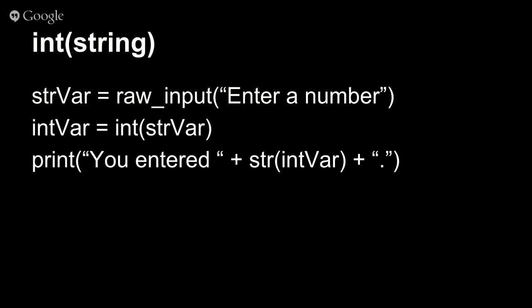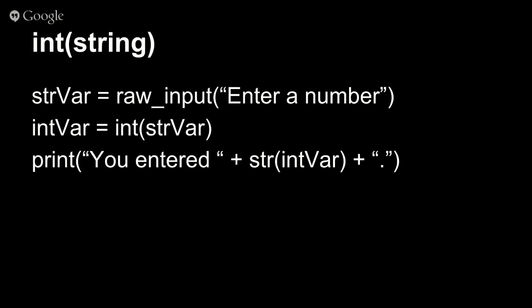Last session I introduced the str method or function, you may remember. What that did was it took an integer, sorry, a number variable, and turned it into a string so you could print it out. And I have another method that's quite a bit like that. It's called int, and what this does is exactly the opposite.